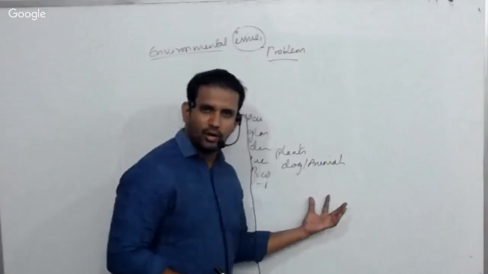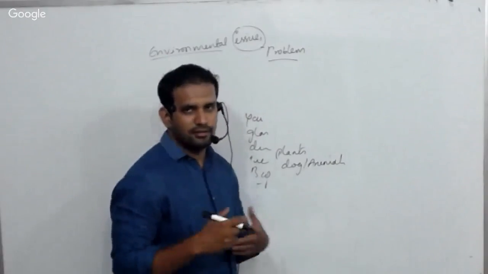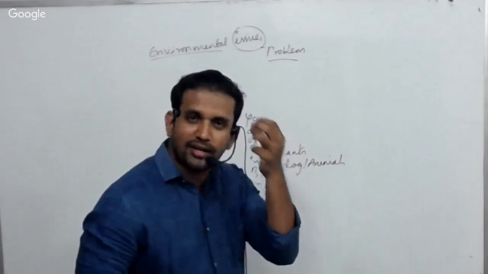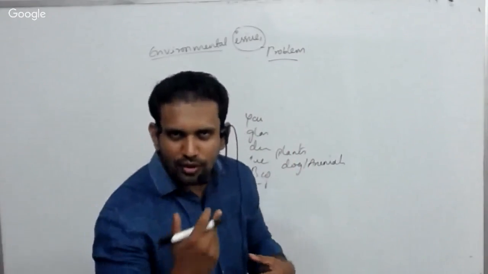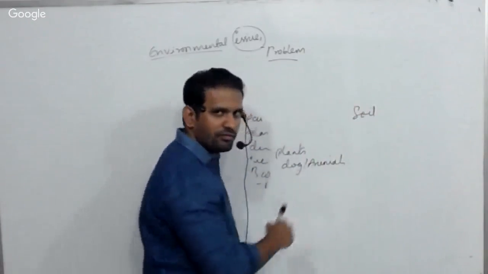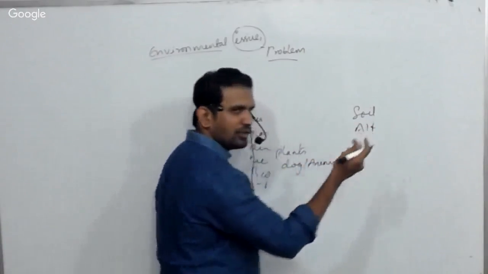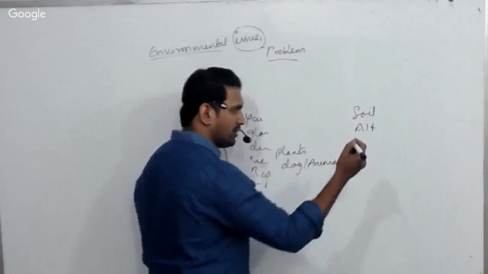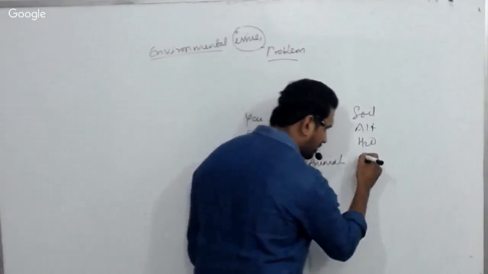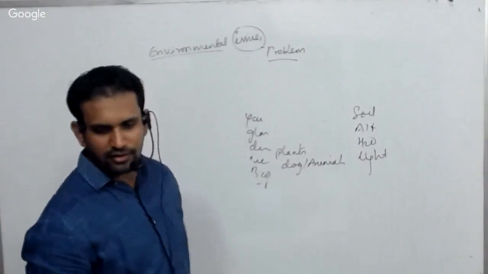This is okay, it's a very general thing. Then some people exercise their mind more, and they come to very good things. Sir, soil is also there, I can see. Air is also there, which I'm breathing. Sir, I can see water also. Sir, there is light also. Very fine. This is what I needed.